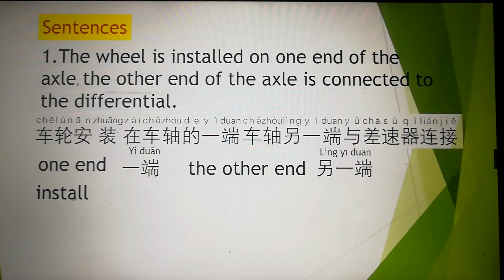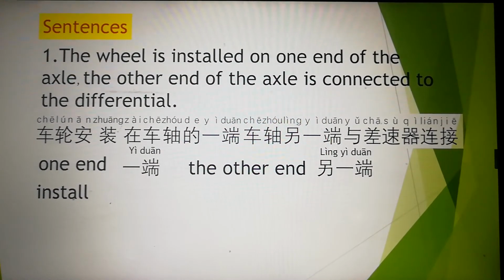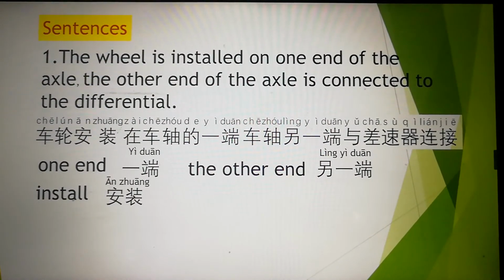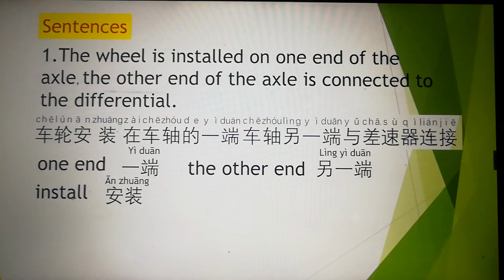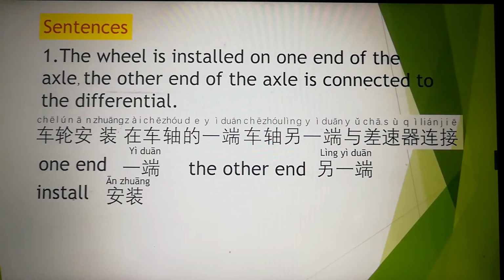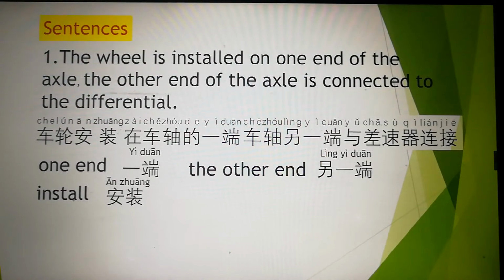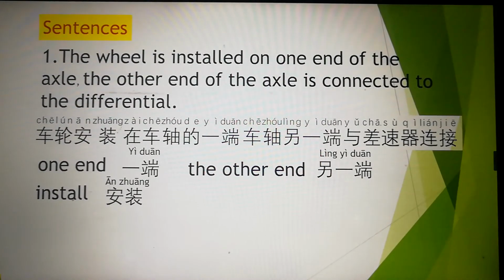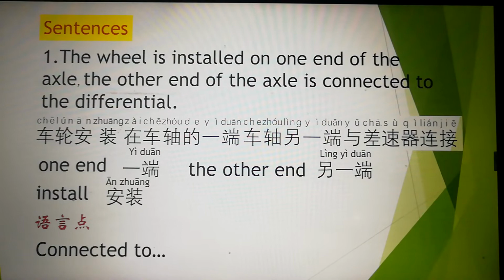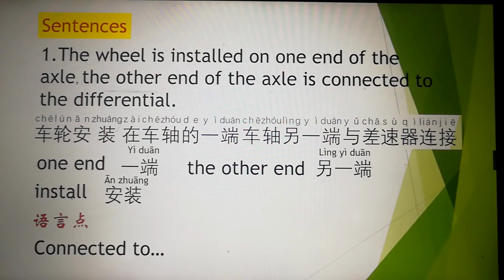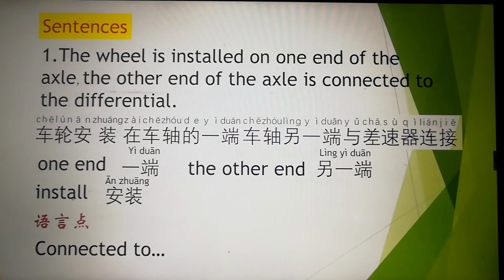In Chinese, install can be expressed as 安装. Okay, how to express connected to?